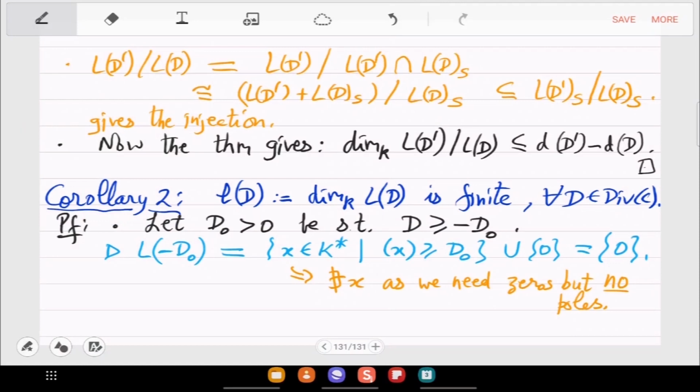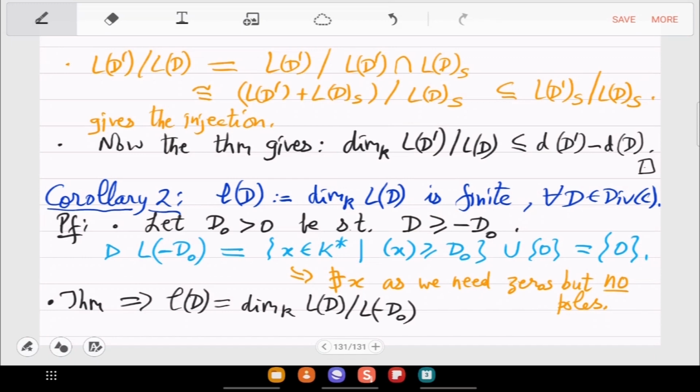Right, so now, in this situation you apply the theorem. So you will get dimension, so basically LD is equal to dimension of L minus d0 is anyway 0, but in the theorem hypothesis we will use LD mod L minus d0 quotient space, which will be by corollary 1 finite.